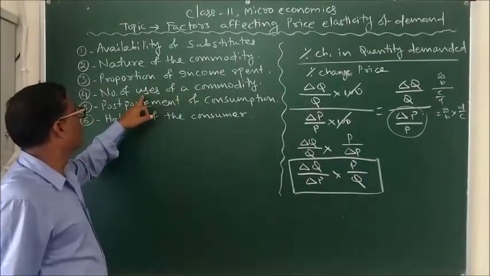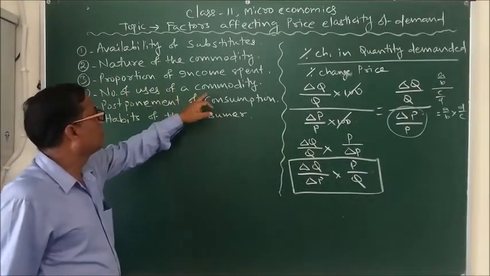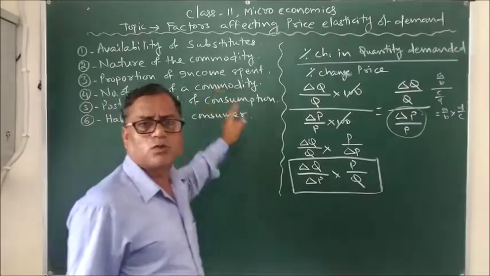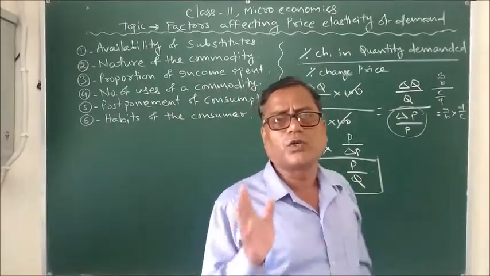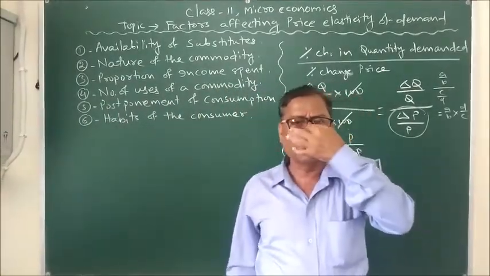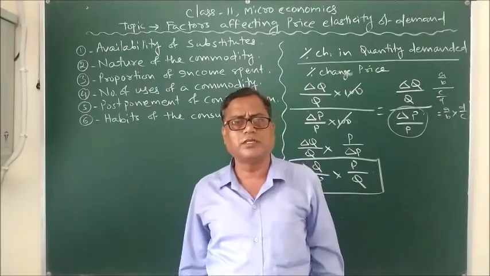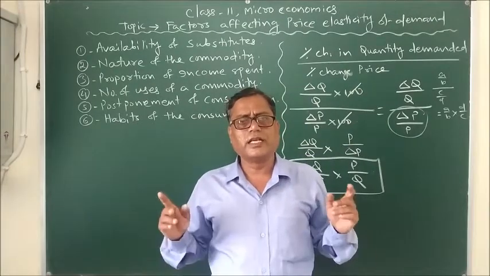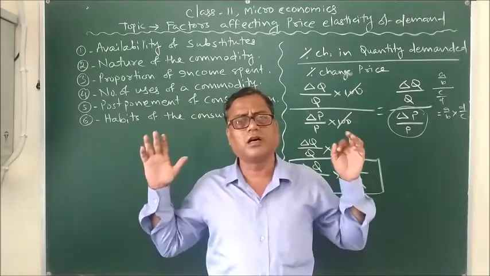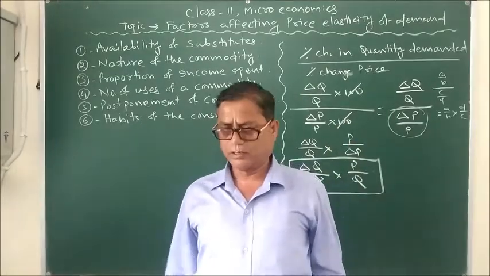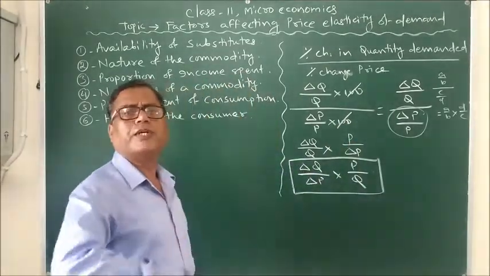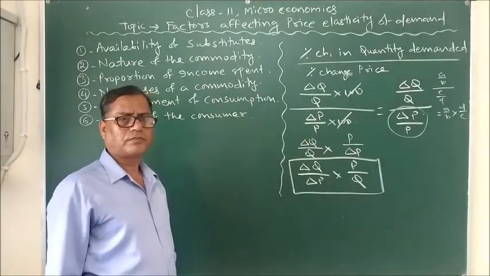Then coming to the fourth point, number of uses of a commodity. See students, commodities are resources, and we know that resources are use specific. That means they have a mastery, they can do a particular work the most efficiently. But at the same time, resources can be put into different uses also.